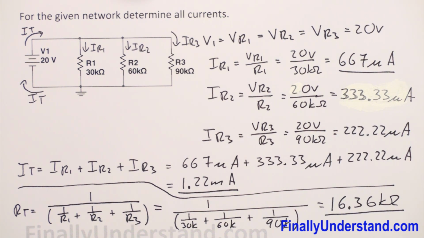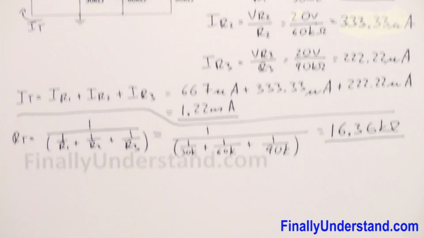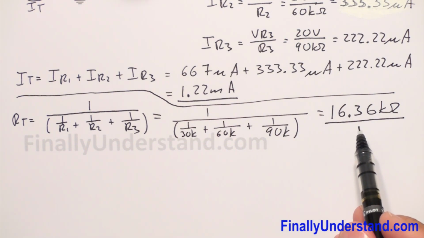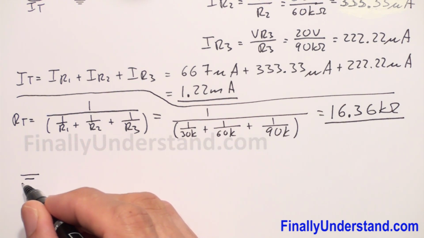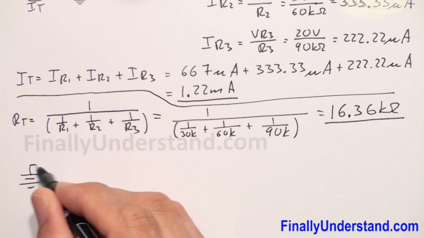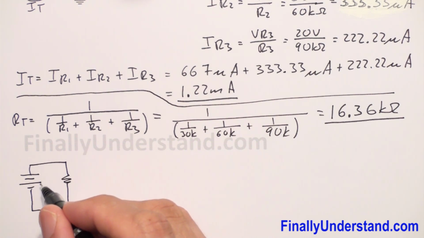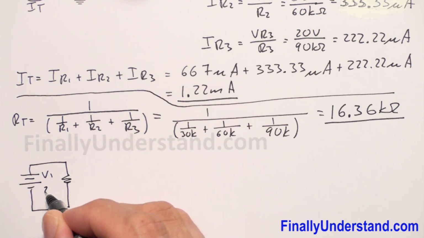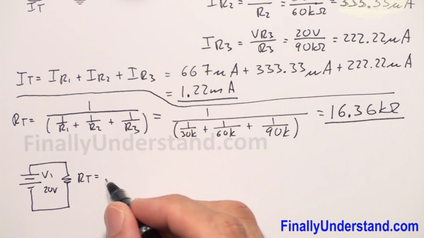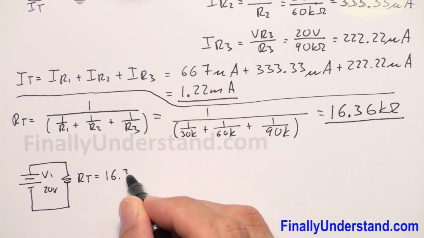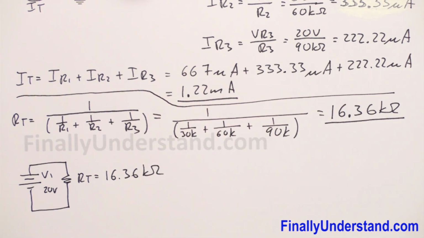Let me remind you also that these 3 resistors you can simply replace by one resistance. You can redraw the circuit and it is going to look like this. So this is V1, which is 20 volts, and R total is equal to 16.36 kiloohms.